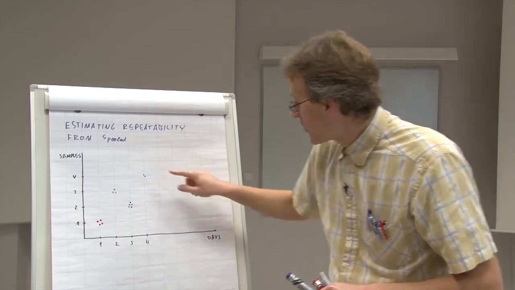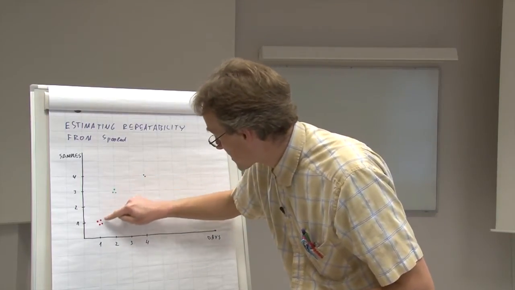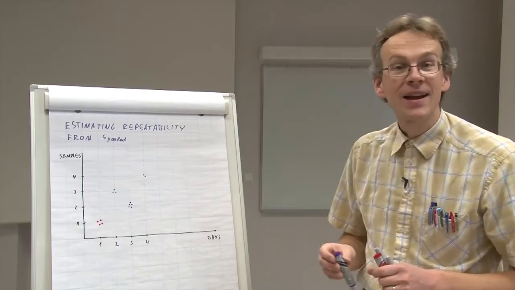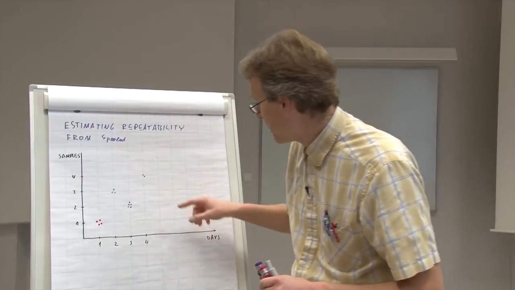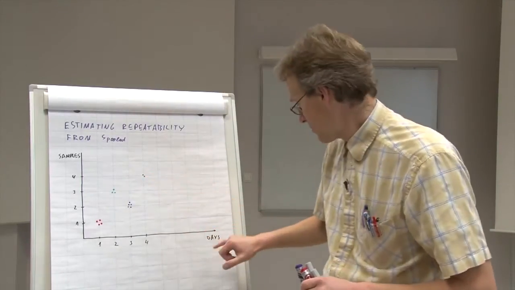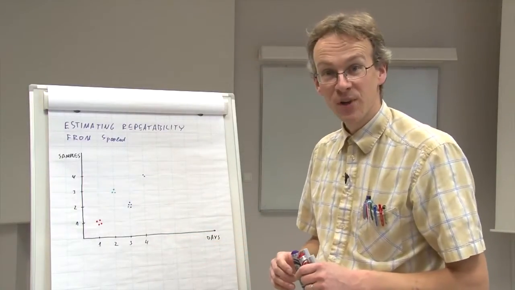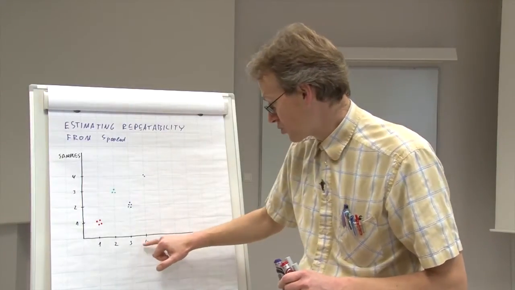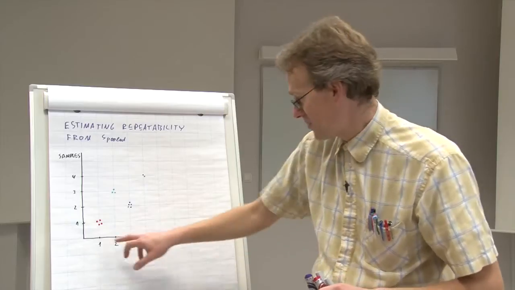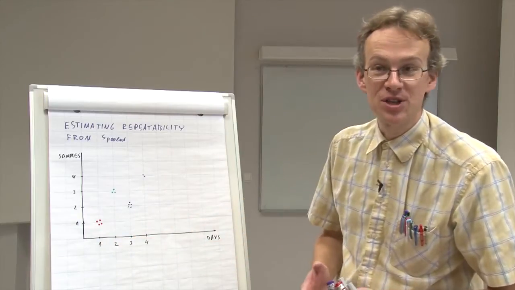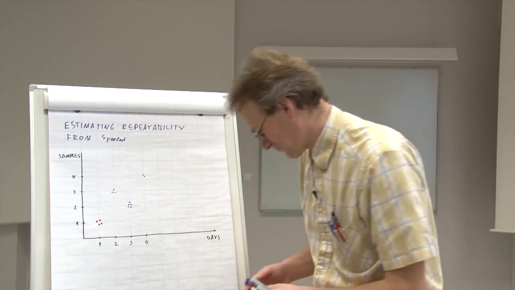So, from each of these sets of measurements, we can calculate repeatability for this particular sample on this particular day. Of course, these days do not need to be consecutive days. They can be far apart from each other, separated by several weeks.